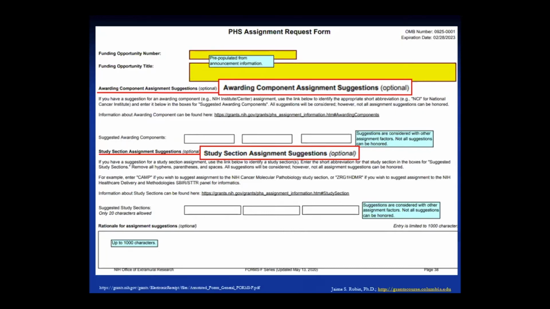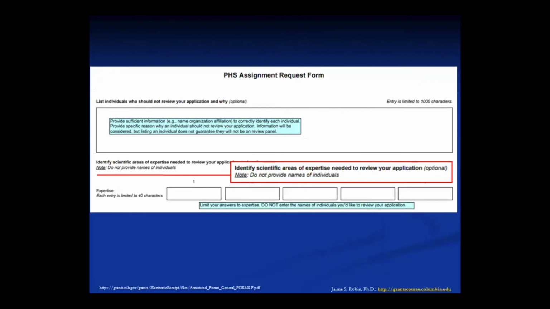Then you can give a reason at the very bottom, tying the purview of that particular study section's charge with your specific aims, to help make sure that the grant goes to the study section where the reviewers have the most appropriate expertise, and thus you could get the fairer review.